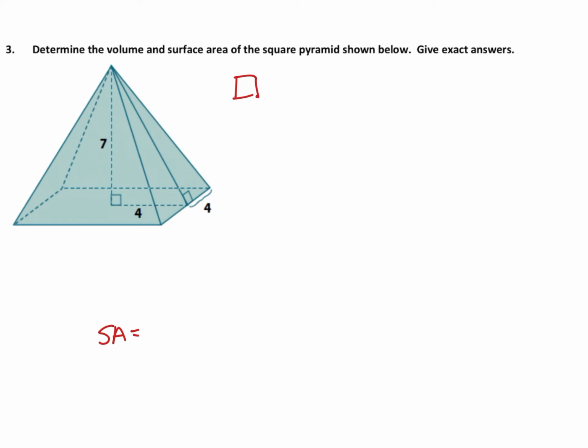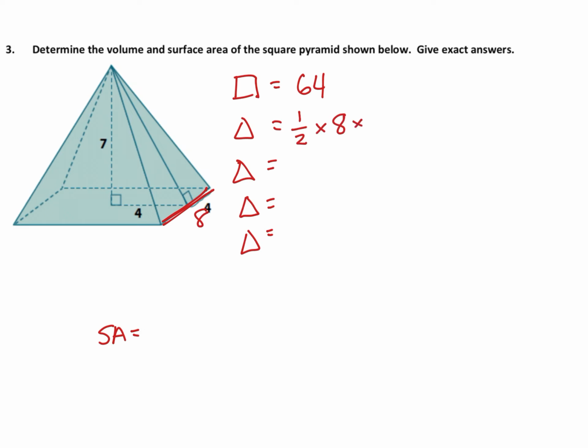We know that the square had an area that was 8 by 8, so 64. And all 4 triangles around the sides will be the same. We know that they have a base that is 8. And triangles use 1/2, the base times the height.